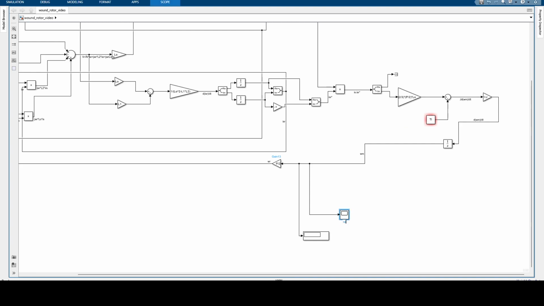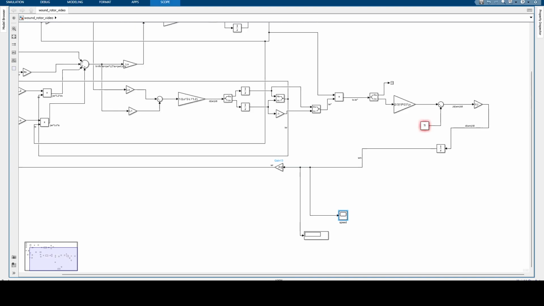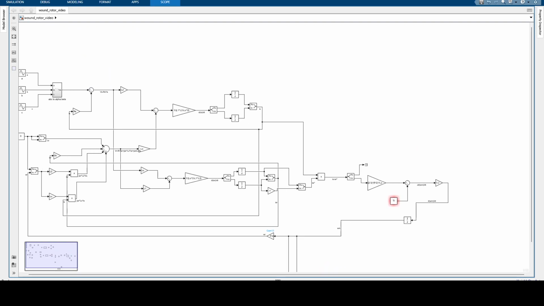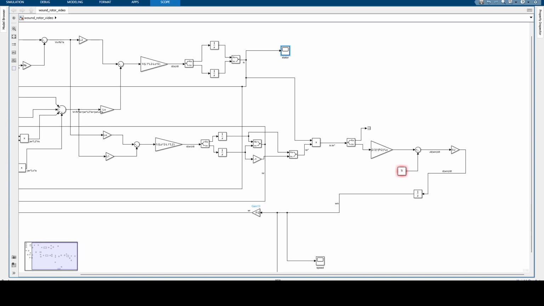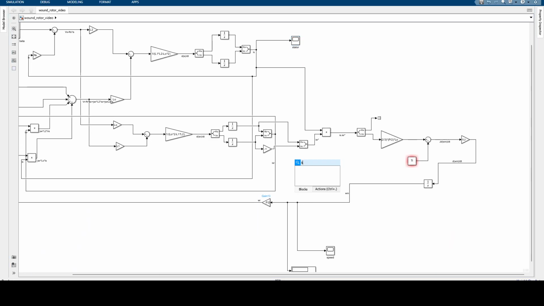So we are going to call this speed, and we are going to have also a scope for our current in the stator, and we are going to add a scope for our current in the rotor.